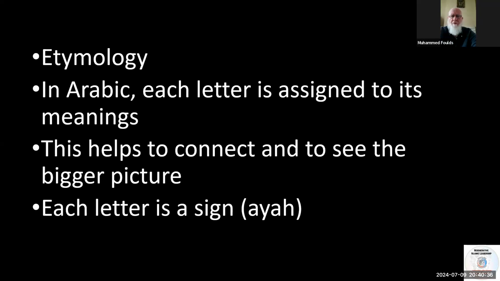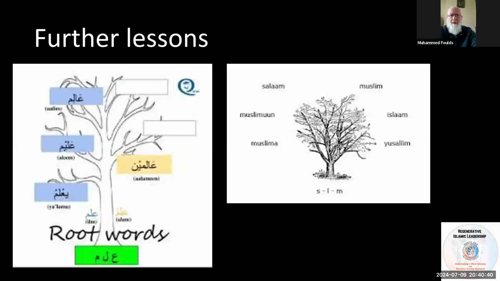So, etymology of Arabic, let's go on to the next slide. Meaning how words in a language originate. It allows us to look back at the history of words. So we've just seen the beautiful picture of the mother tree, and we have to understand how that tree originated.